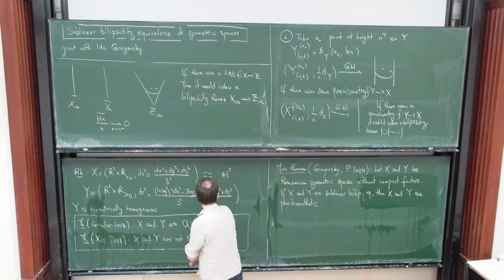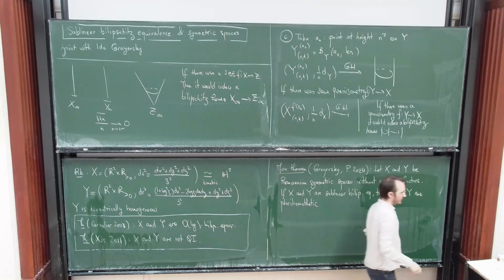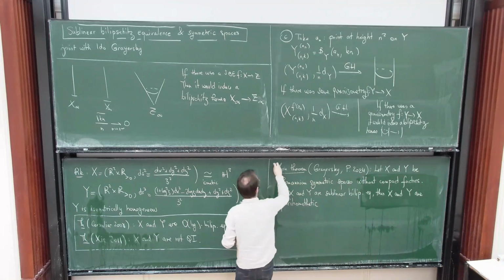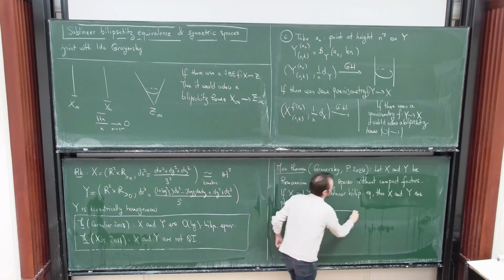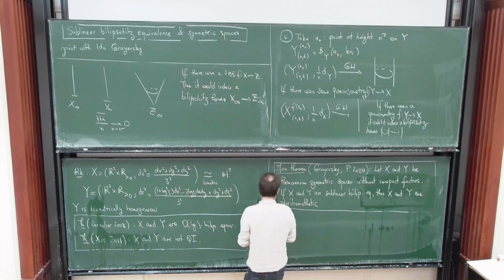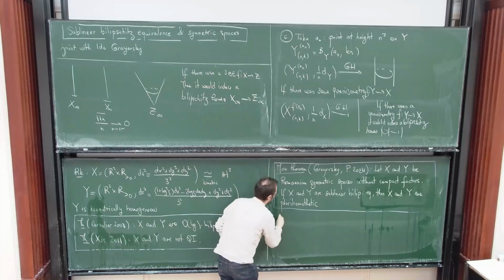Right, and I should say that for quasi-isometries, this is due to Kleiner and Leeb, 94. What does it mean for quasi-isometries?